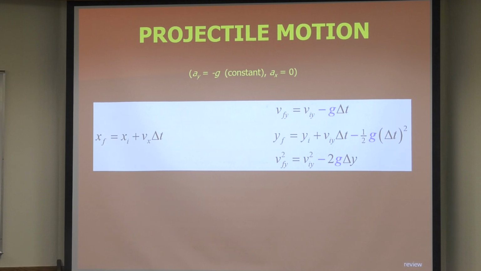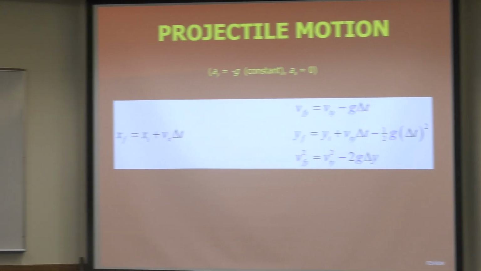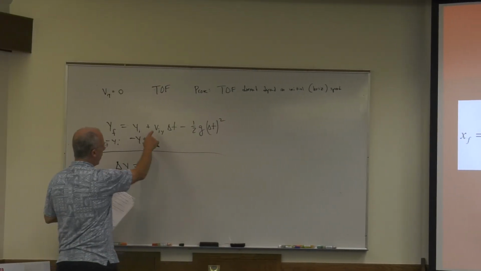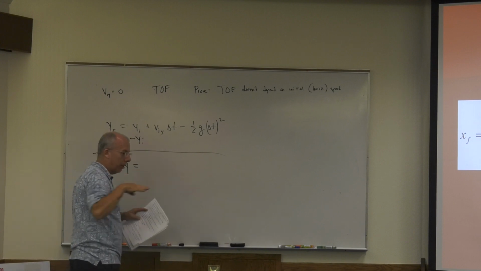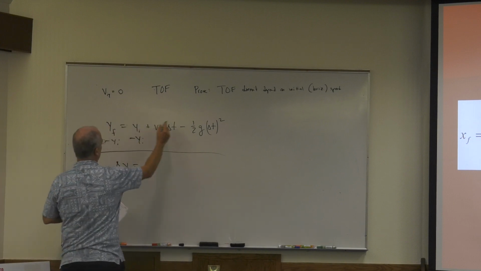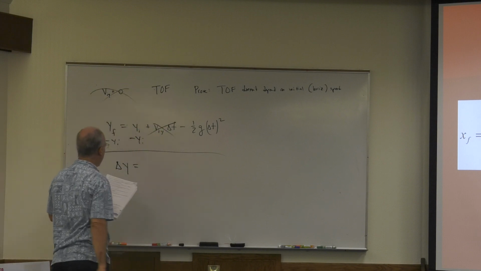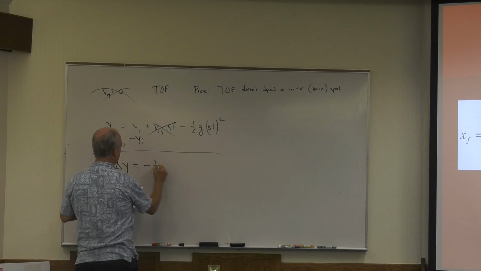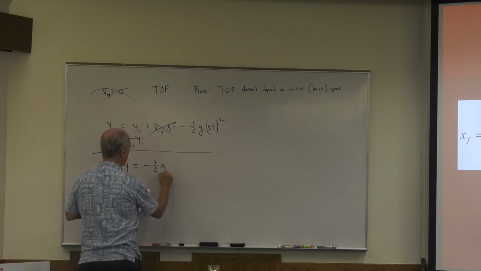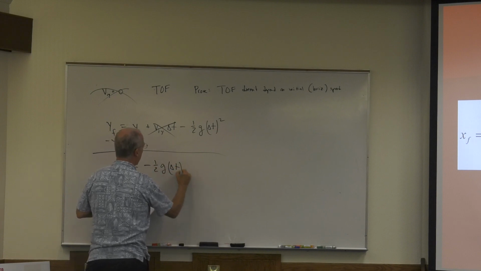Now we want to be a little bit lazy, so let's subtract the initial. Final minus initial is delta, so now we have delta y. It just makes it easier. Now, what's v initial y? Remember, it was perfectly horizontal, so it's 0. So goodbye. Now I just have delta y equals minus 1/2 g delta t squared.